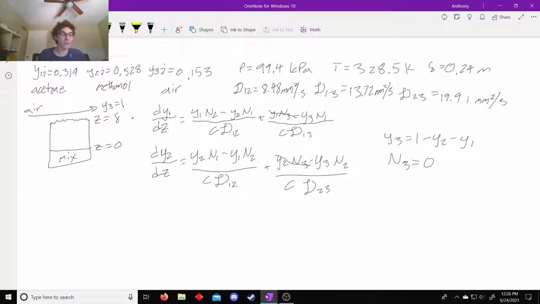It's only air, which means that the mole fraction of component 1 and 2 must be 0. So what we want is to make a guess for n1 and n2 such that when we solve the differential equation from 0 to delta, at delta, the values of y1 and y2 are 0.